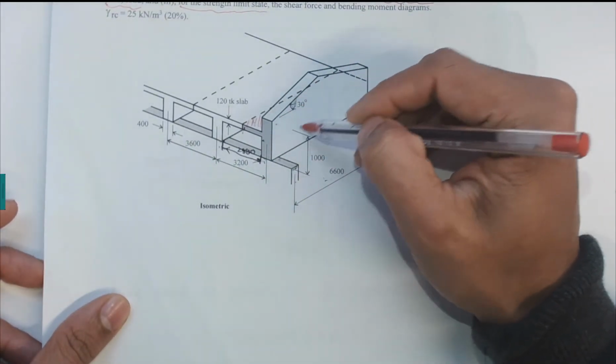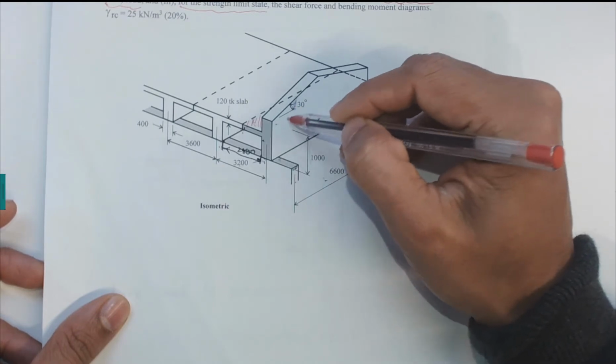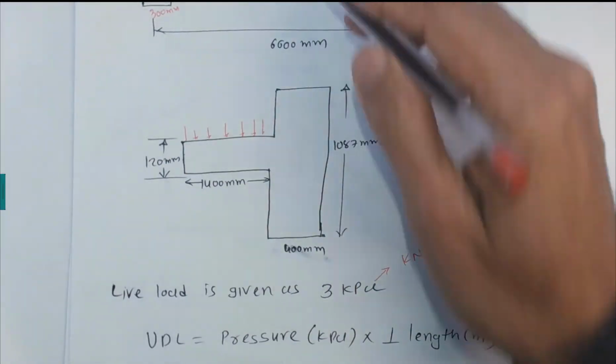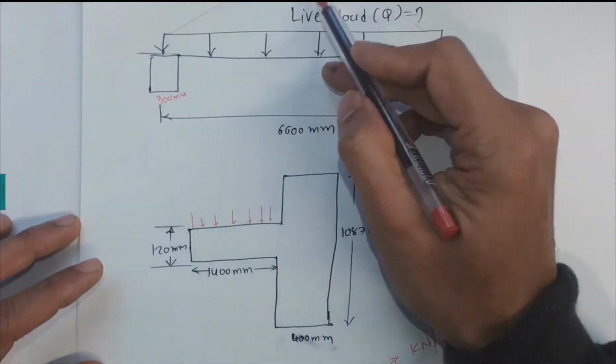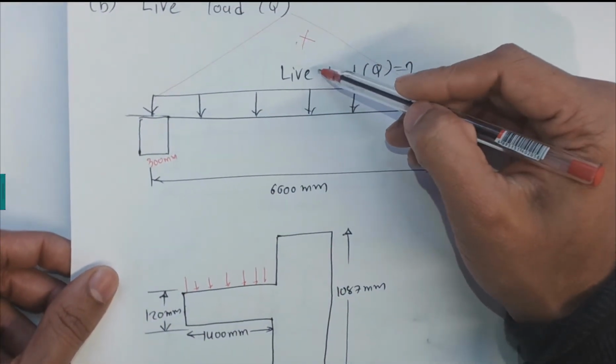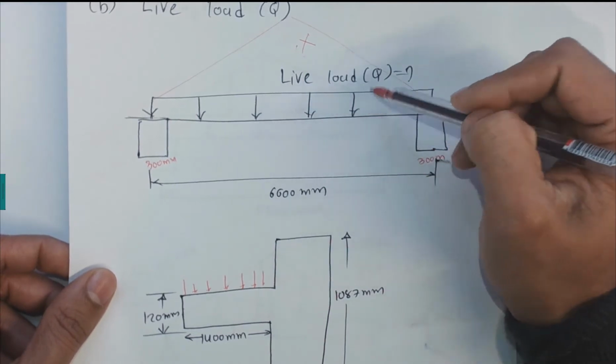This portion will not experience any live loading, so we don't have the non-uniform triangular loading, and for the live load case we just have a uniform loading.